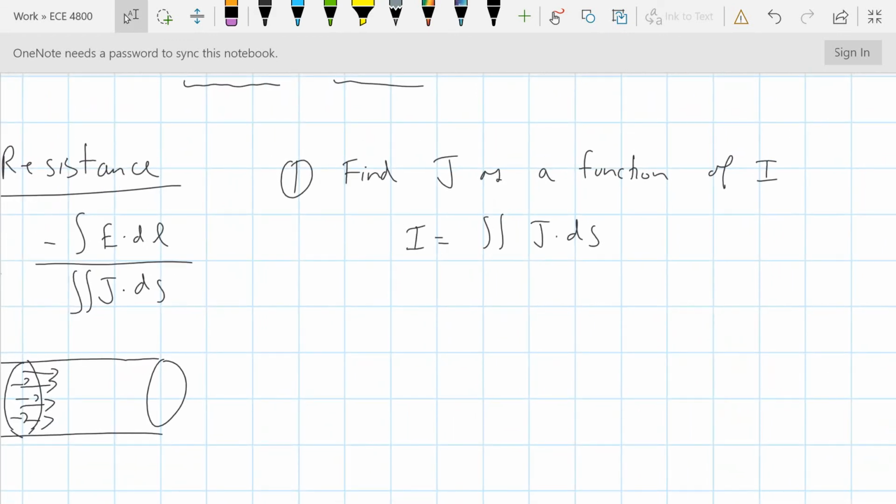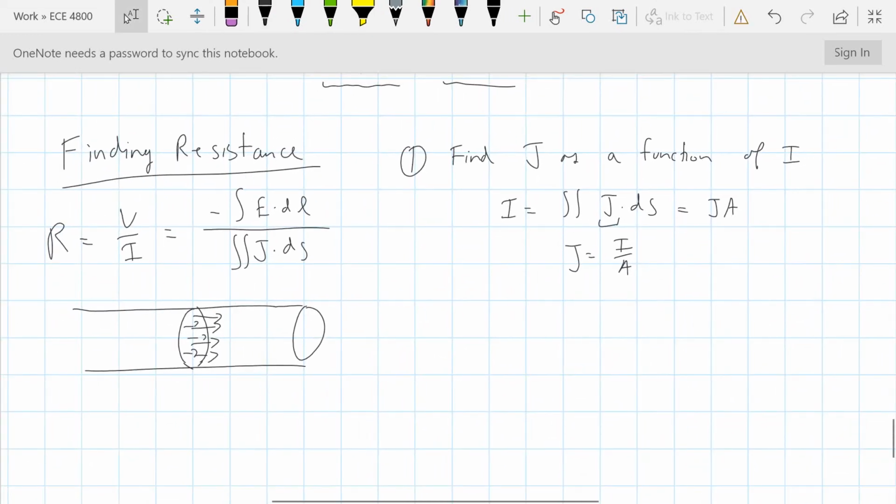And when j is uniform, when this is not a function of where you are, as we found out earlier, this is just equal to J times A. So our first step is done. We've found J as a function of I. J is equal to I divided by A, the cross-sectional area. That helps us figure out what this denominator is.